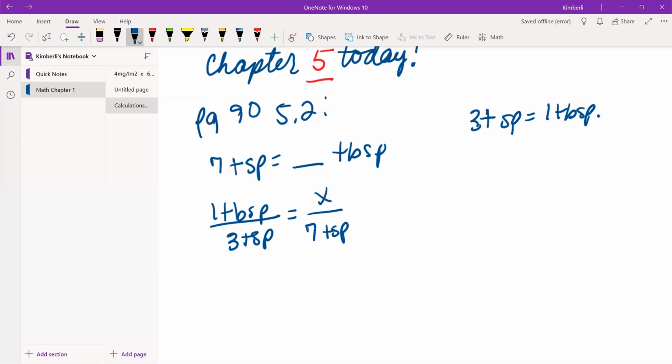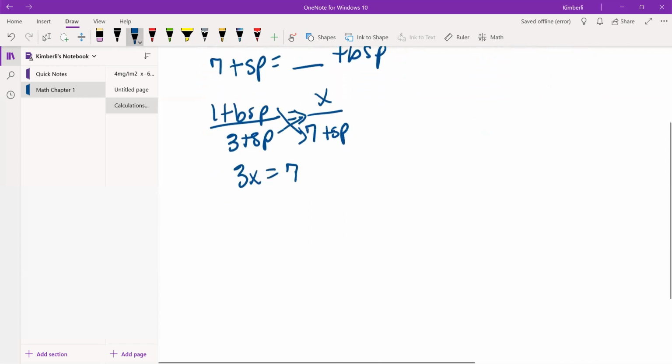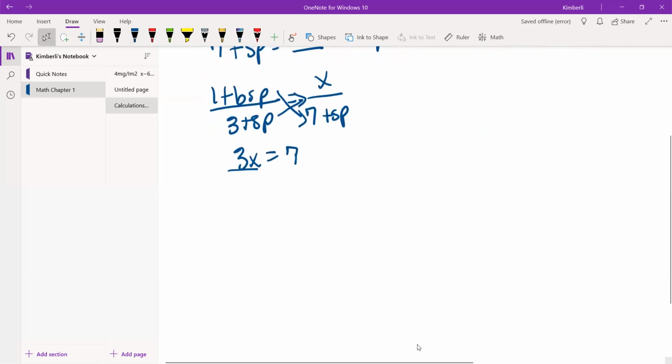And then we're going to solve for X. Now the way we do this is by cross multiplying. So when we cross multiply, we get 3X equals 7. And then in order to solve for X, we need to divide both sides by 3.